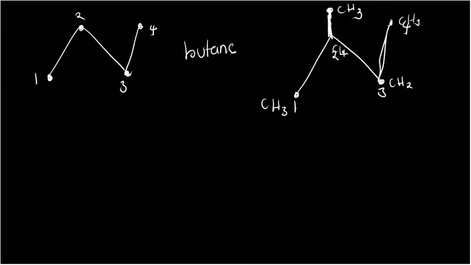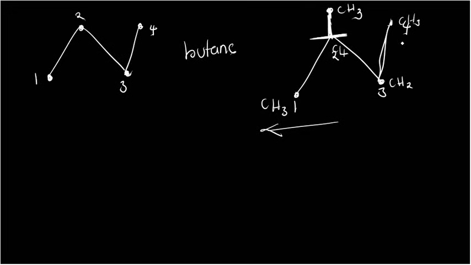Now, if you look at that, we have a branch or a substitute, which is here. When you're naming this, according to the rules, the branches or the substitutes are supposed to have the lowest number. Check this branch here: it is near to which end? It's very near to this end, but very far from the other end.